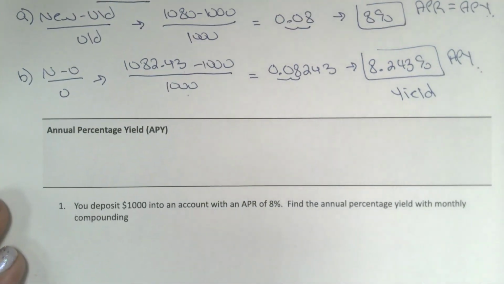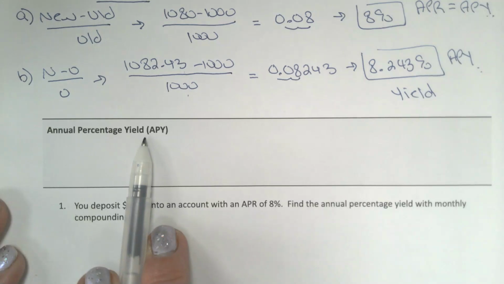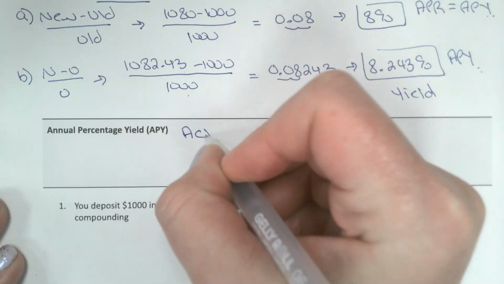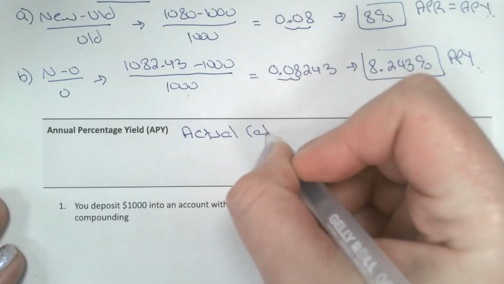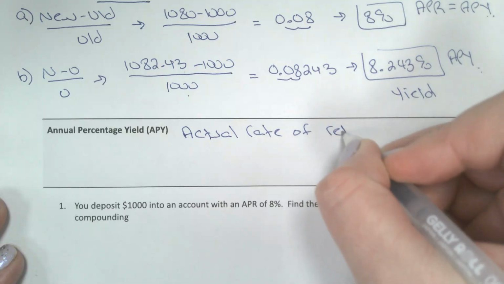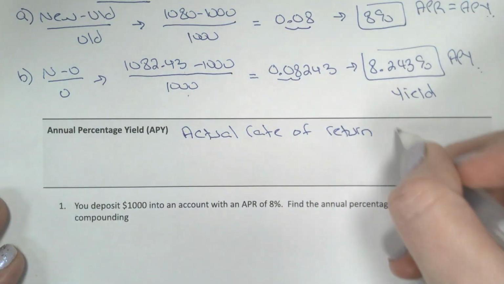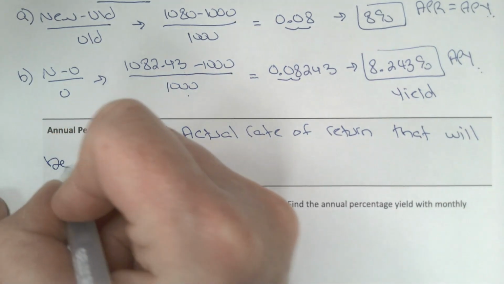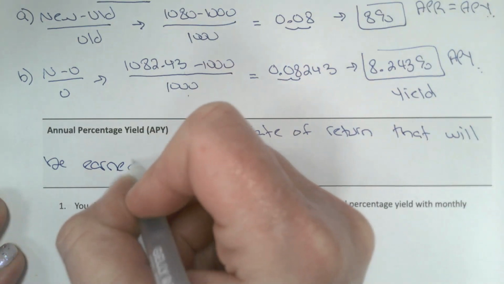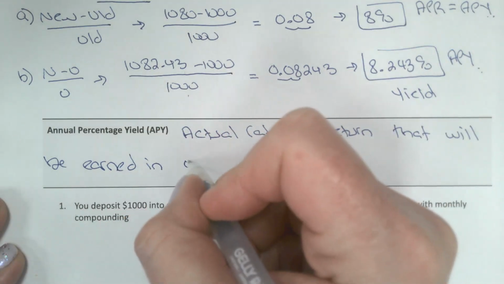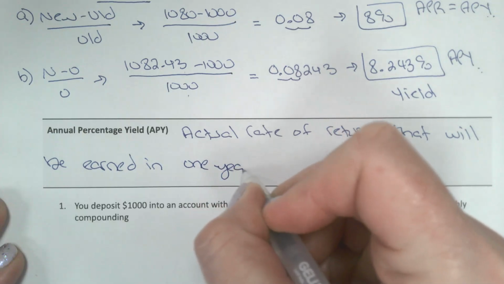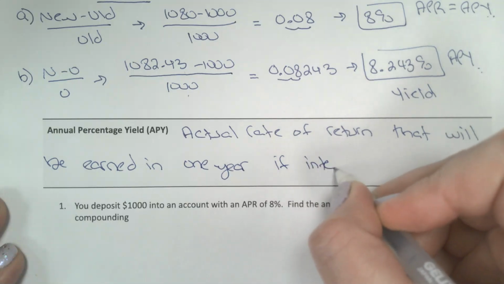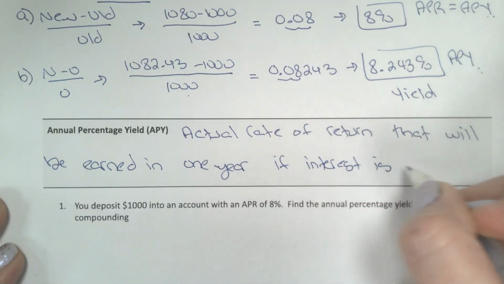So a formal definition of annual percentage yield, or APY, is the actual rate of return that will be earned in 1 year if interest is compounded.